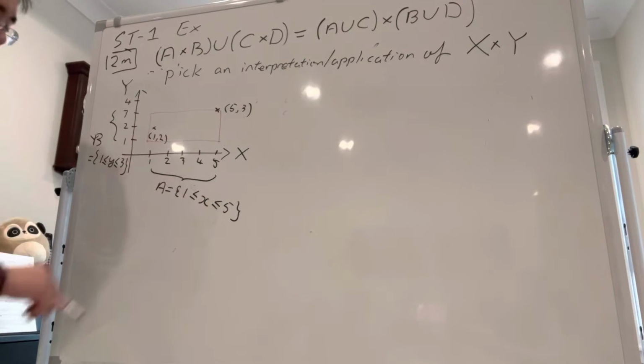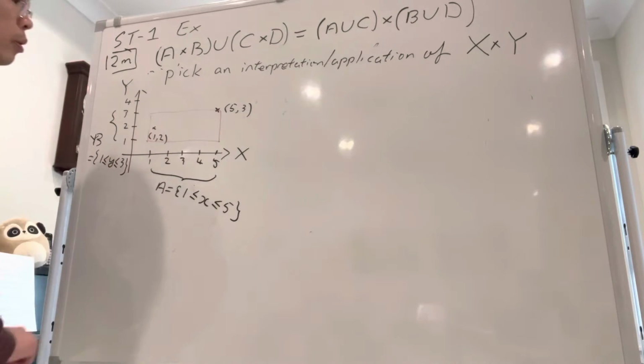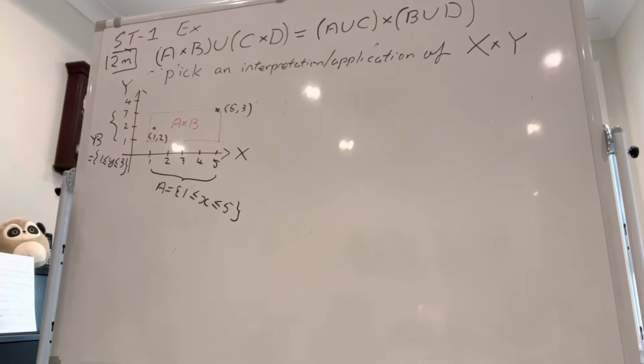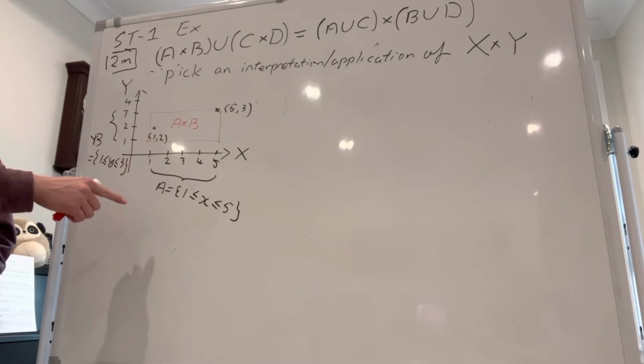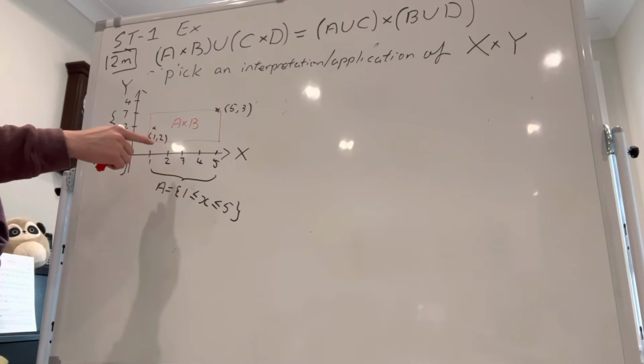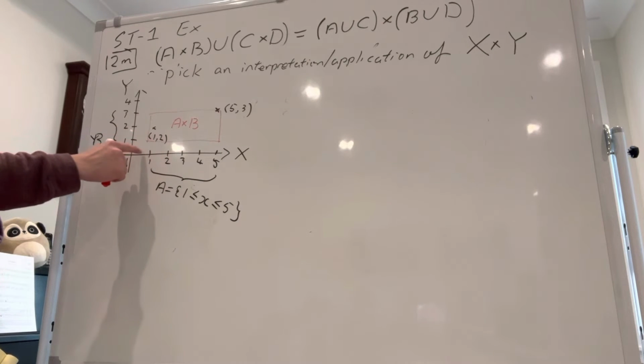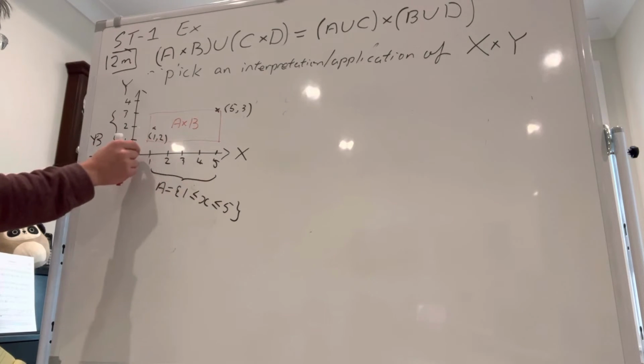So this region is basically A cross B. So this is one way of interpreting what we mean when we say Cartesian product. If both of these are, let's say, numbers, this is how we draw it. Again, you have the position where the first number is the horizontal axis.